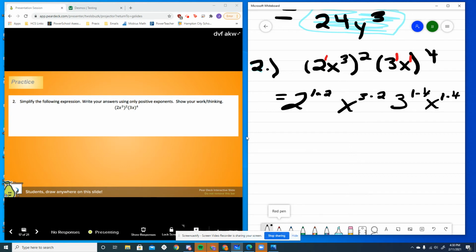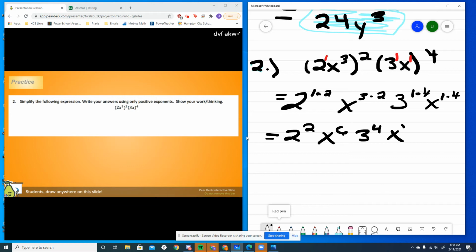Oops, those should be dots. I end up getting 2 squared, x to the 6th power, 3 to the 4th power, and x to the 4th power. When I look at these, they are all technically being multiplied.